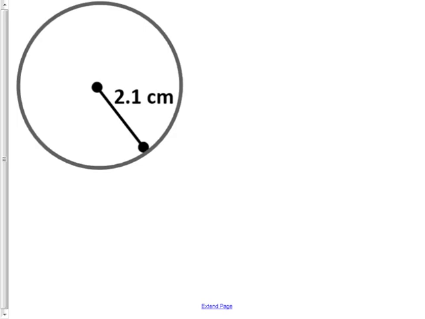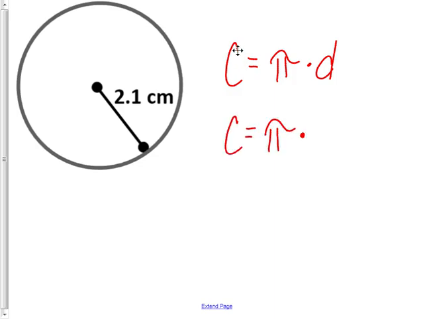Again, the formula for circumference is circumference equals pi times diameter. So I'm going to look at this and say circumference is equal to pi times 4 2/10. Now you might say, where the heck does 4 2/10 come from? Well, if you're looking carefully, notice that 2 1/10 centimeters is the radius. We need the diameter. So we have to draw in another radius to make the whole diameter.